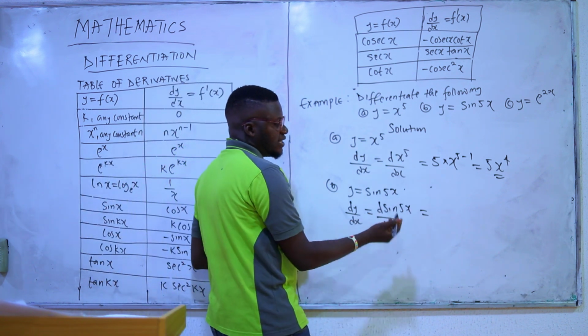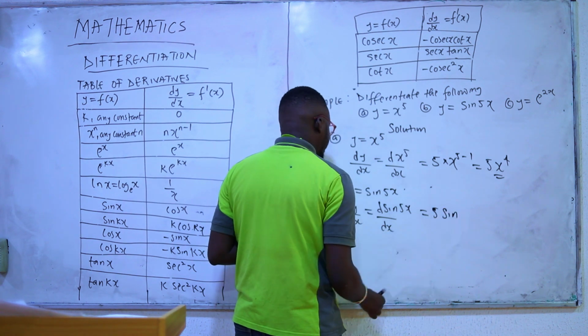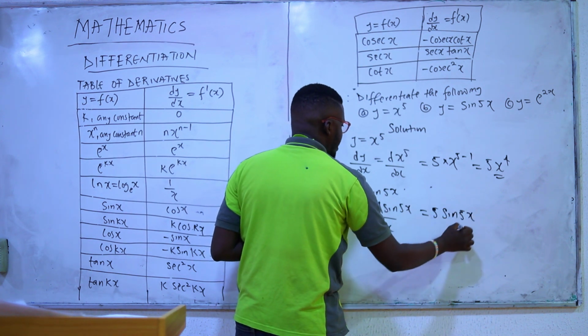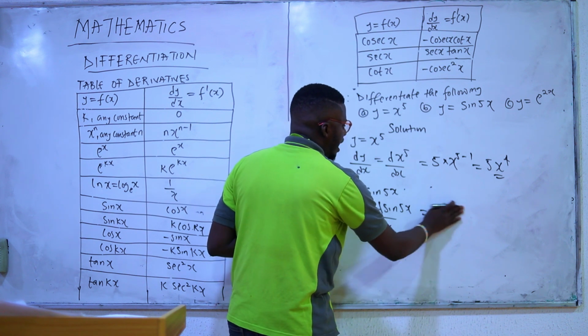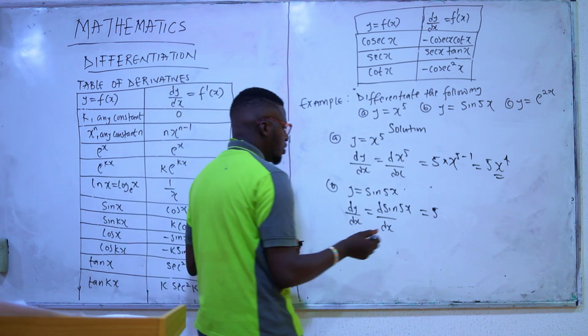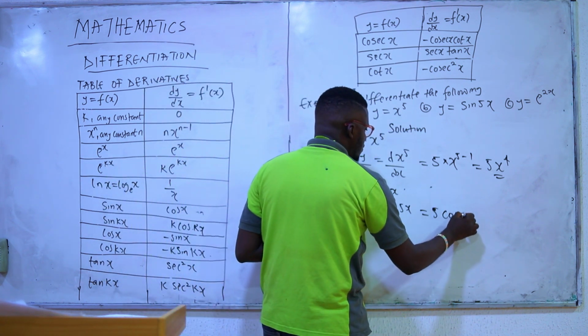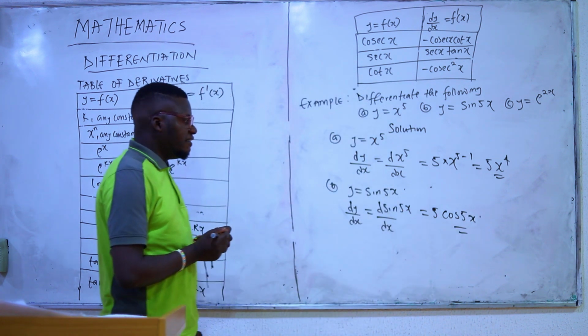The constant here is 5. So I'll have 5 cos 5x.